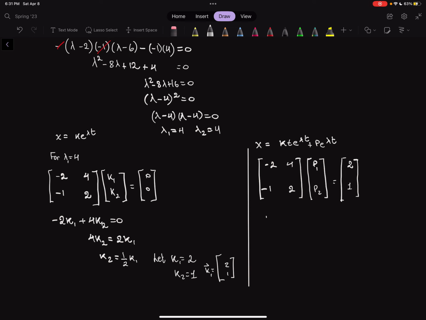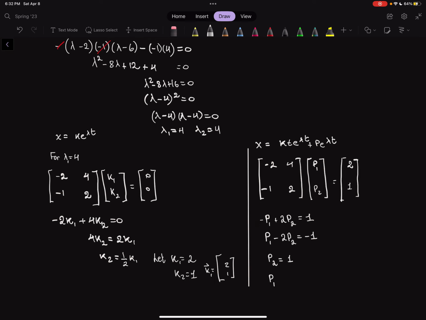So how do we do it if we don't want to input it into MATLAB? Well, let's say I say negative P1 again, I'm going to rewrite what I wrote before, equals 1. Or I can say P1, if I multiply everything by negative 1, minus 2P2 equals negative 1. And so I can say that P2 is equal to 1.